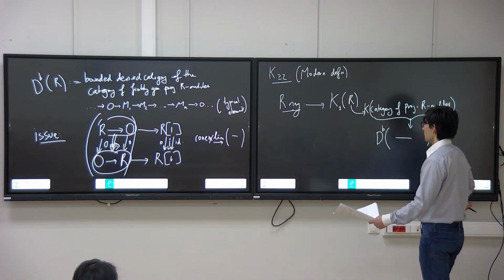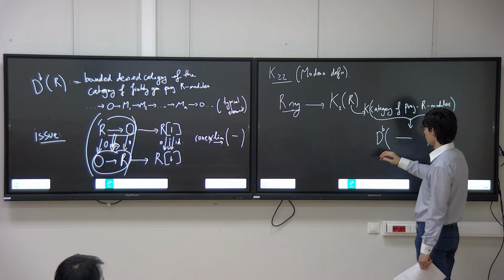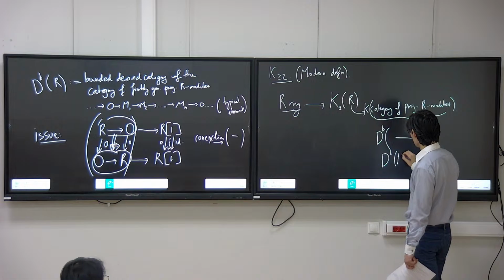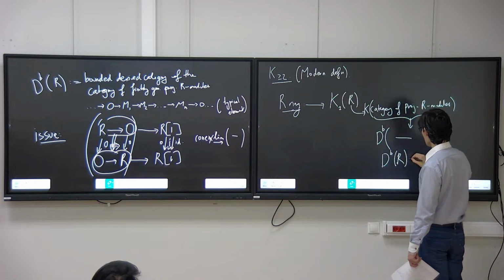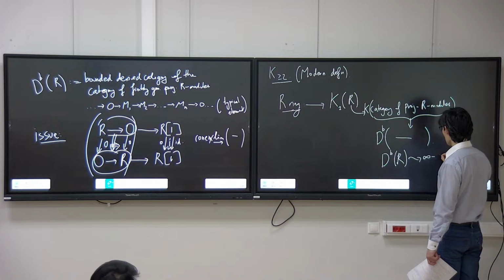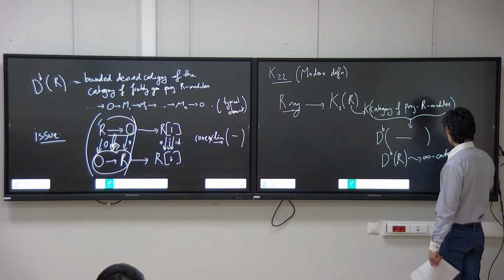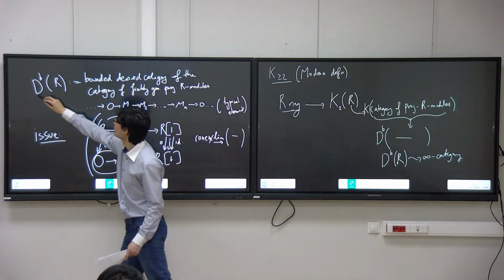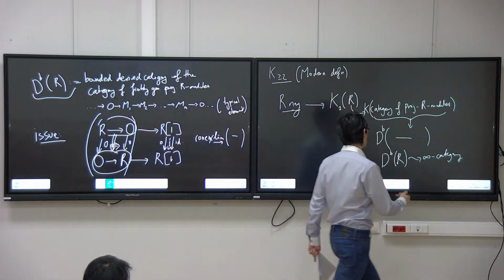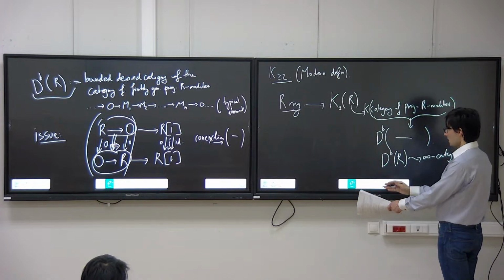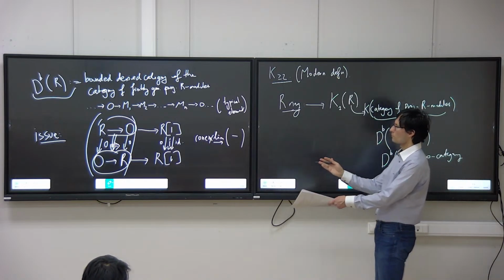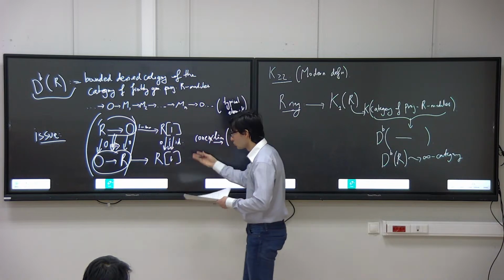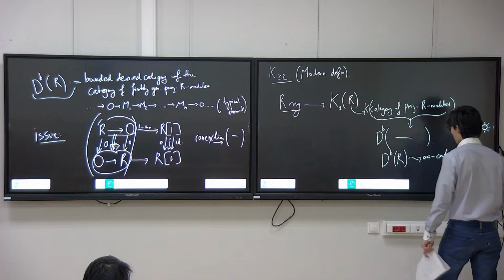in doing this, you end up with an object which we continue to denote by, say, DB of R. And this is now an infinity category. It basically has the same objects as DB of R classically, but more morphisms. In particular, not just one morphisms, but morphisms between two morphisms and three morphisms, and so on.